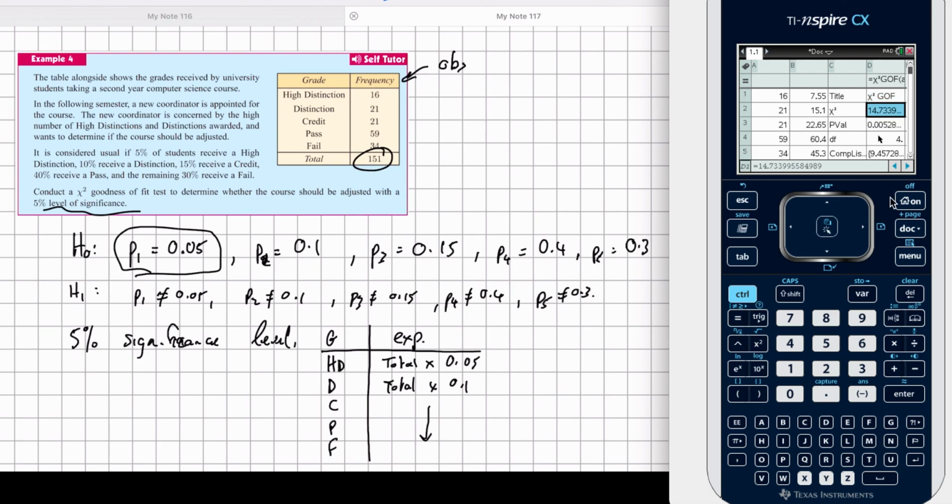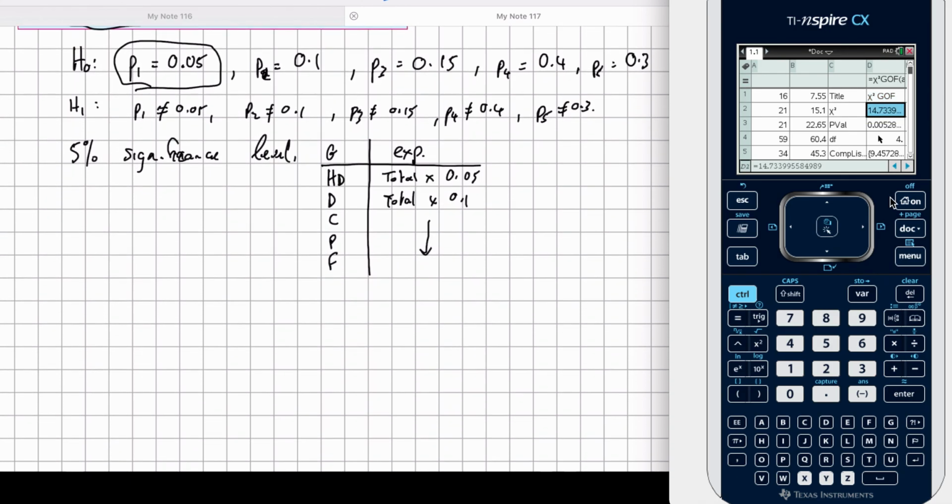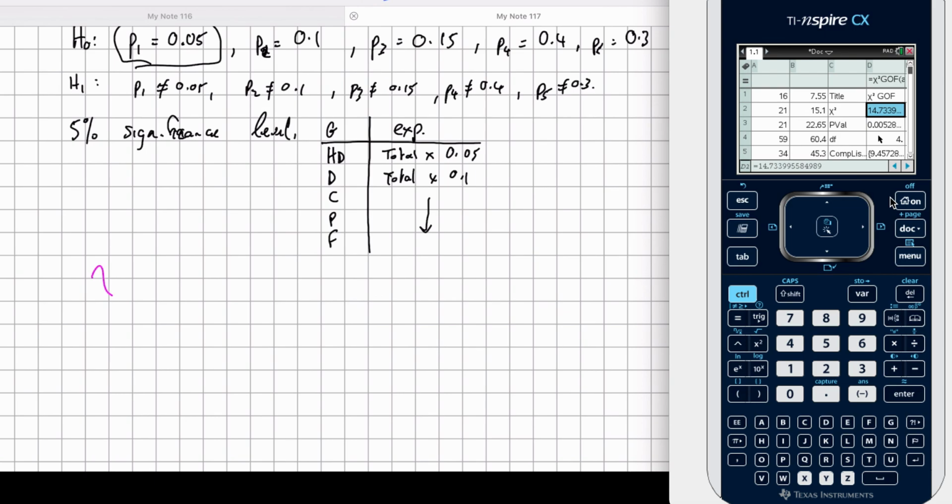We get a chi-squared calc of 14.7, and we get a calculated p-value of 0.00529, to 3 significant figures.